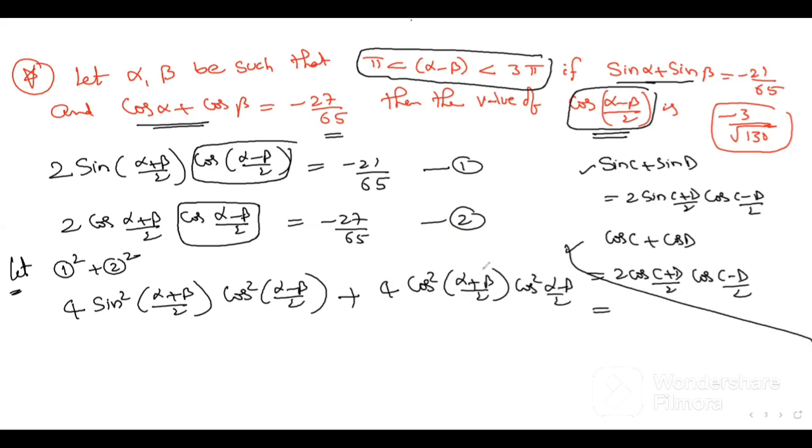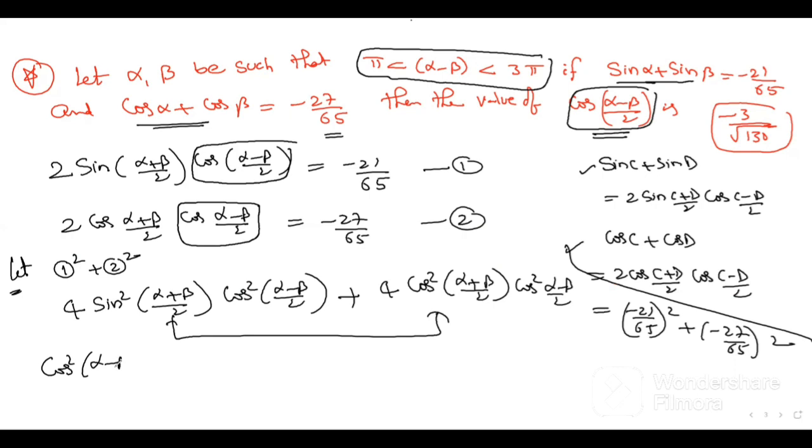This equals (minus 21/65) whole square plus (minus 27/65) whole square. Taking 4 cos square((alpha minus beta) by 2) common, sin square((alpha plus beta) by 2) plus cos square((alpha plus beta) by 2) has value 1.